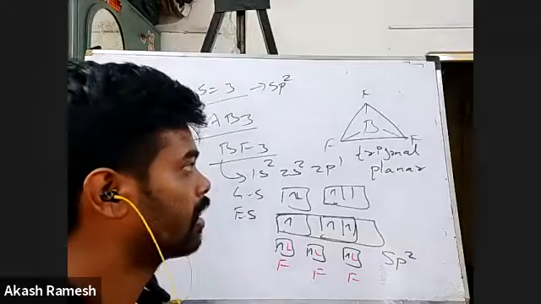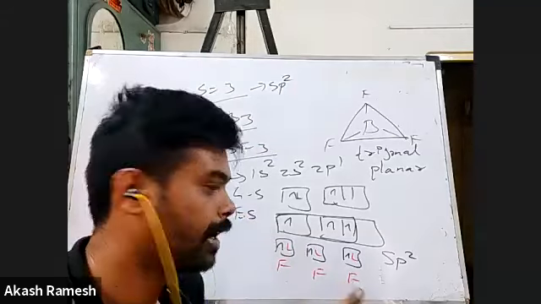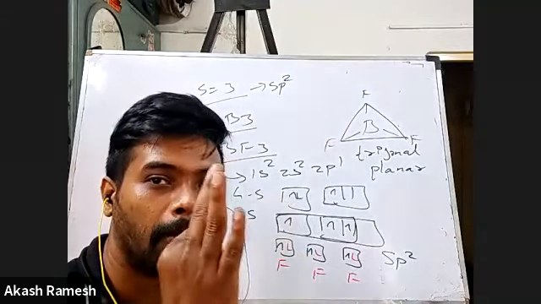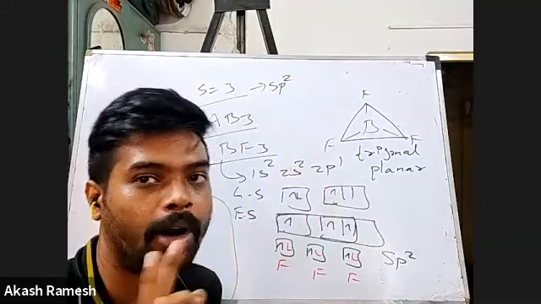60 degrees. 90 degrees. See, how do you talk about bond angle? I already told you, it should be bonding atom, central atom, bonding atom.